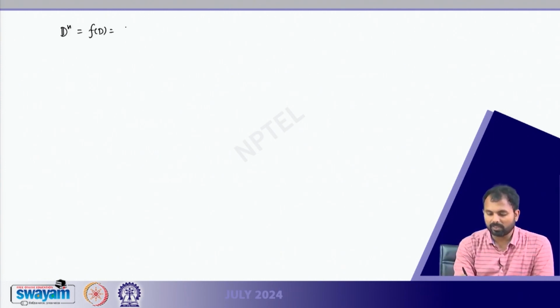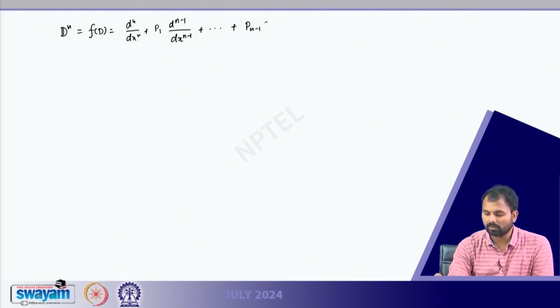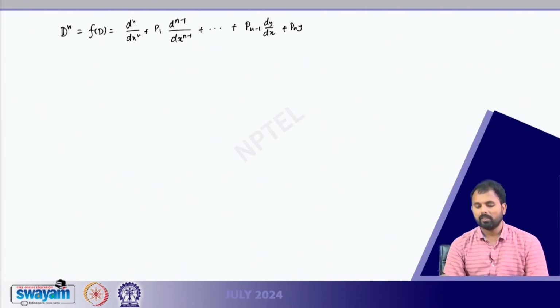So I have introduced this operator already, right? I have introduced this F(D) as some function of D, which is basically d^n y/dx^n plus p1 d^(n-1) y/dx^(n-1), dot dot up to p_(n-1) dy/dx plus p_n y, right?